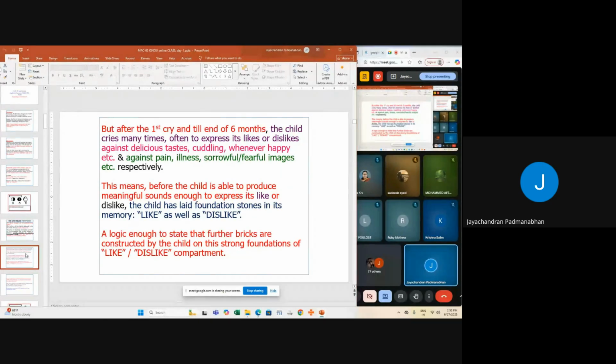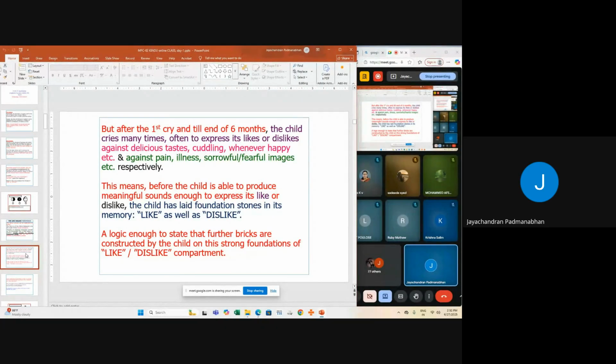After the first cry, till the end of 6 months, the child cries many times, often to express its likes and dislikes: against delicious taste, cuddling, whenever happy, etc. Again, pain, illness, sorrowful, fearful images, etc., respectively.